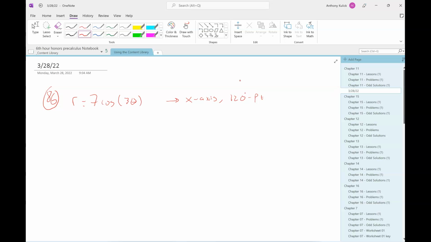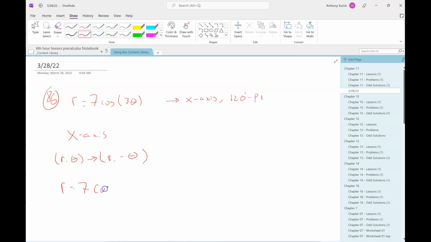Is that what's going on in the x-axis part? Okay. All right, so I'm just going to do it like I would normally.